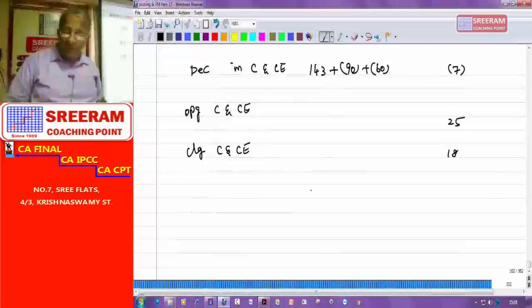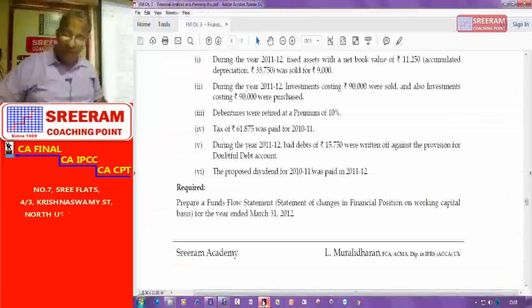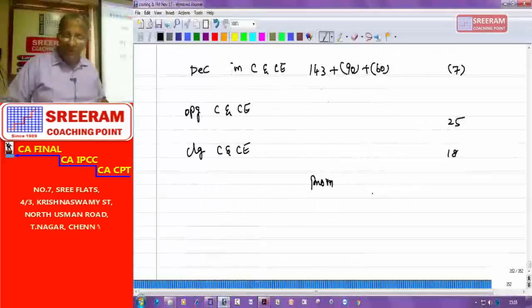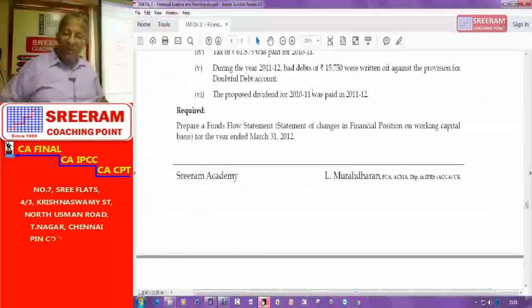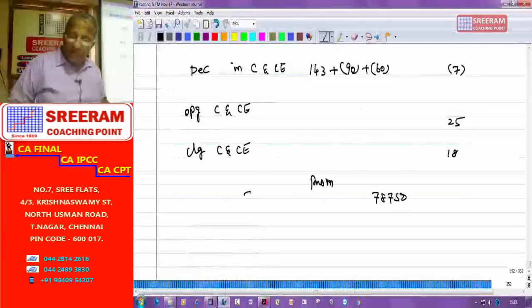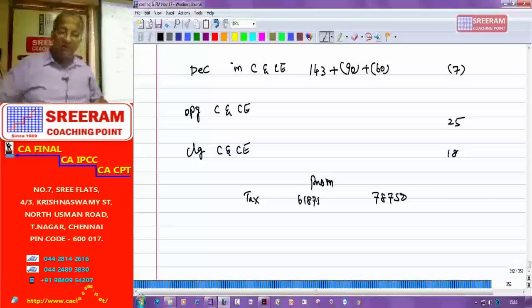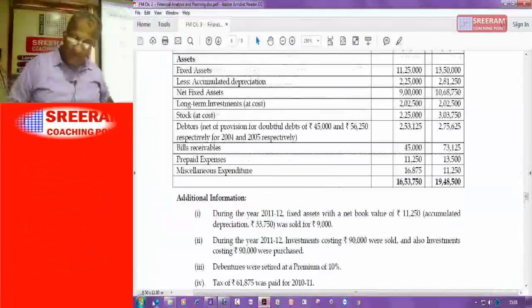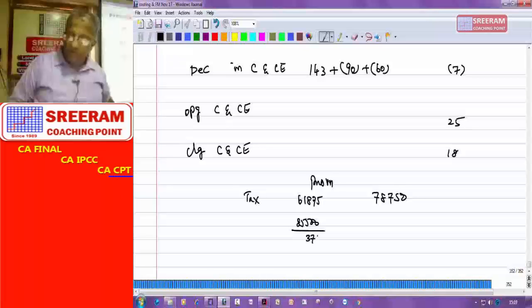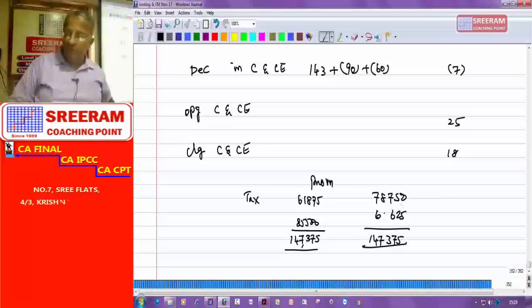In the provision for taxation account, the opening balance you have to take at 78,750, which is a credit balance, and the tax that you have paid is 61,875, and your closing balance of provision for taxation is 85,500. The total is 147,375, so the balancing figure is 68,625. This is the provision that you have made in the P&L account.